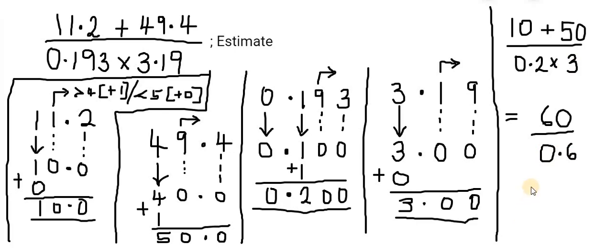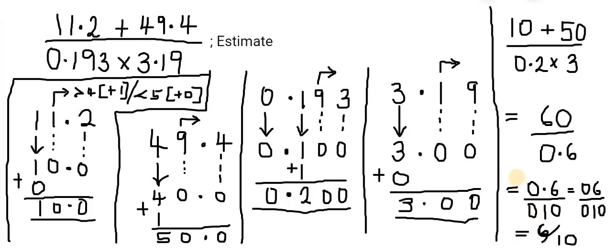Okay, now converting 0.6 to a fraction, the point represents a 1 below the line, and any numbers either side of the point represent a 0. So now you just drop the point, that's 6 over 10.